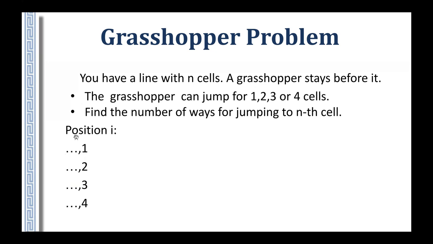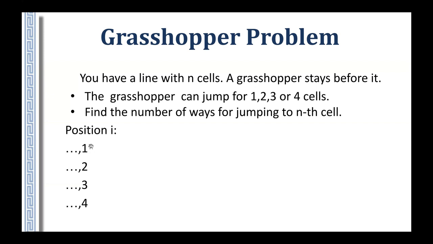The first group ends with 1, the second group ends with 2, the third one with 3, and the fourth with 4. All these groups are different because at least the last jump is different. So each way belongs to one of these groups and cannot be in 2 of these groups.